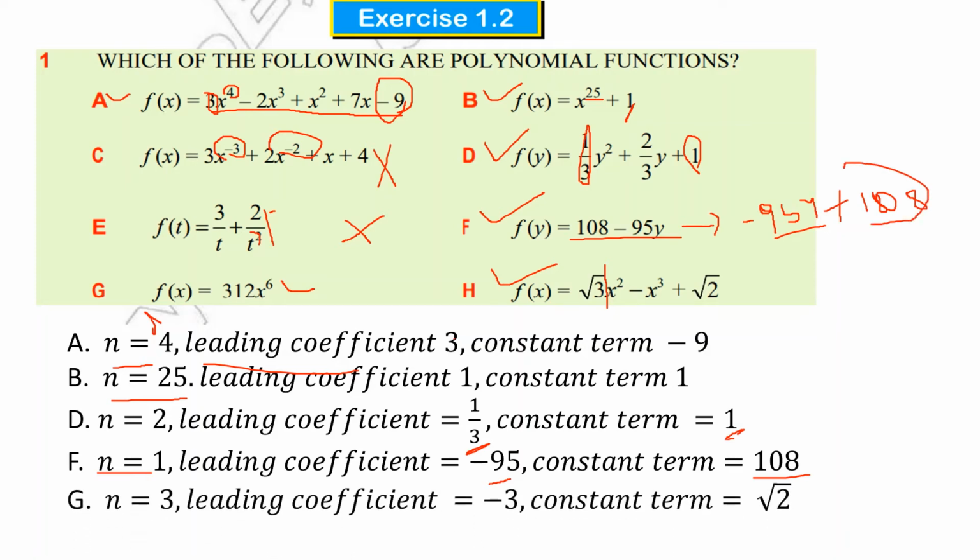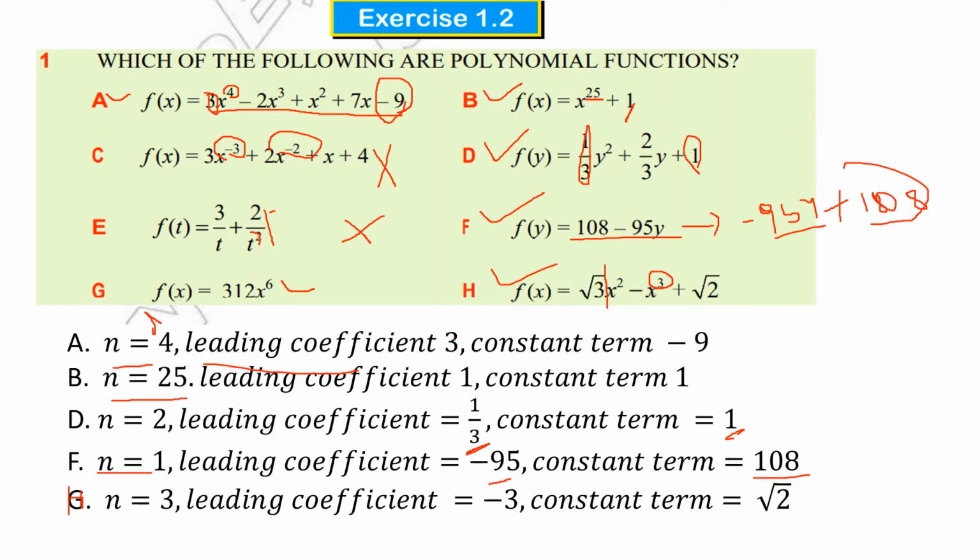We said also G is a polynomial function, so n is 3 here. So this one must be for h. This one is for h. N is equal to 3. We consider this one because we have to write in descending order from the highest degree to the lowest one.